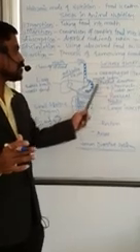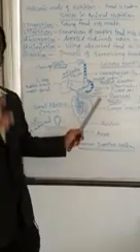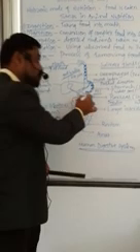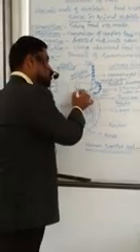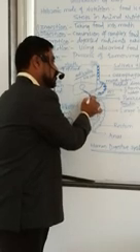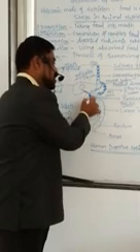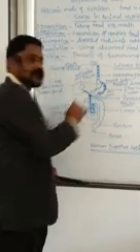So this pancreas is below the stomach and has a pancreatic duct. Through the pancreatic duct, the pancreatic juice, and through the bile duct, these digestive enzymes reach the small intestine.